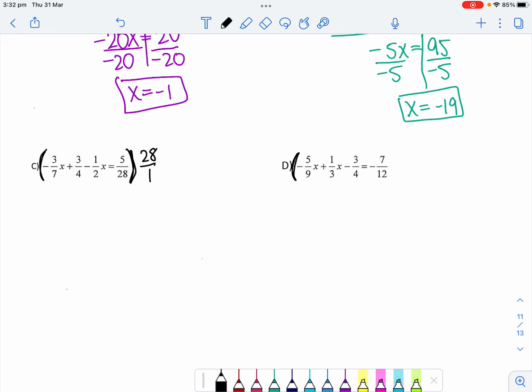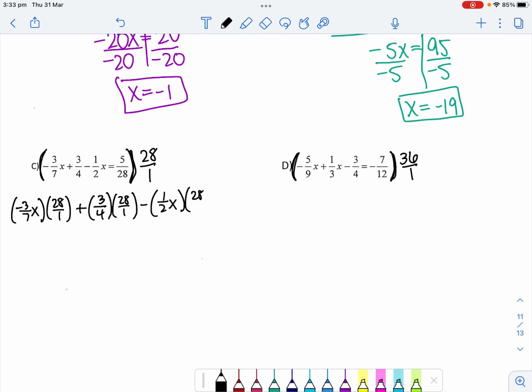And then here, 9, 3, 4, and 12, I'm going to use 36 over 1 to help me clear that fraction. So negative 3 over 7x times 28 over 1 plus 3 over 4 times 28 over 1 minus 1 over 2x times 28 over 1 equals 5 over 28 times 28 over 1.